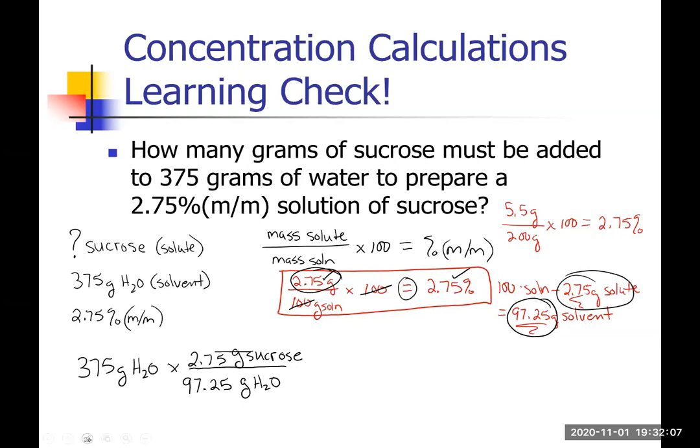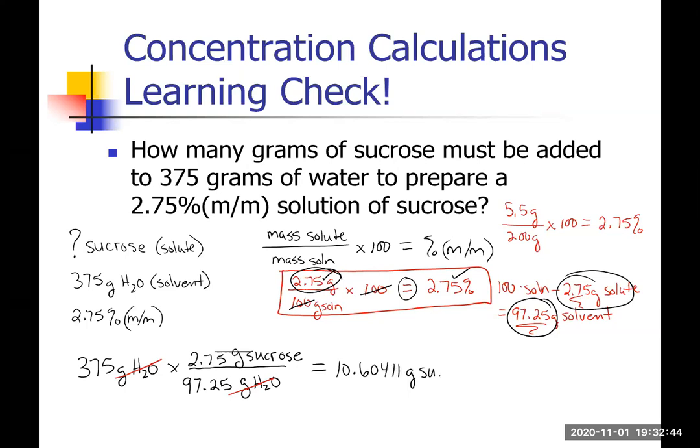And now all I have to do is cross cancel my grams of water, which is my grams of solvent, and then do the calculation. And I have my mass of solute, or my mass of sucrose. And I get 10.60411 grams of sucrose.